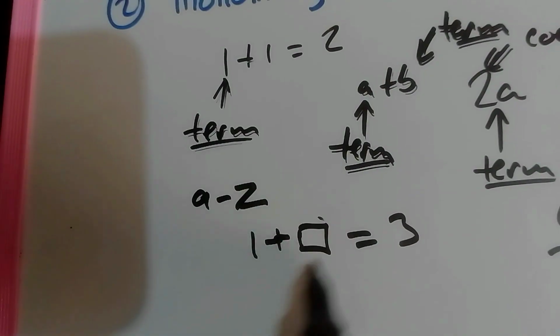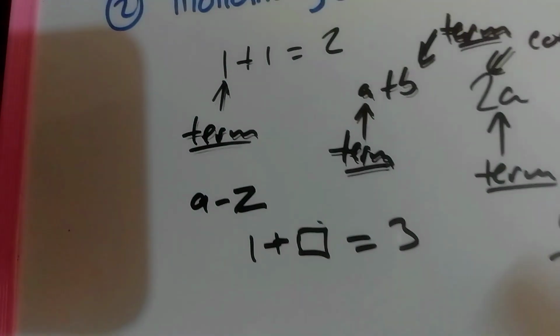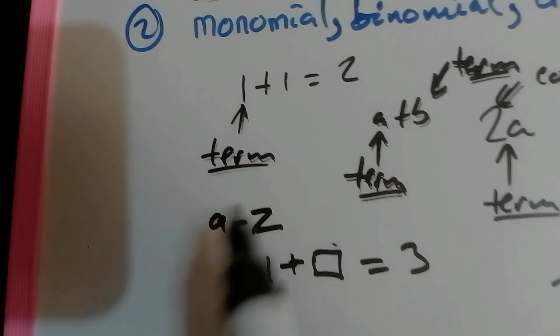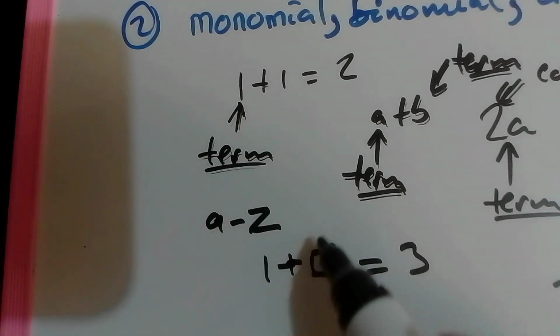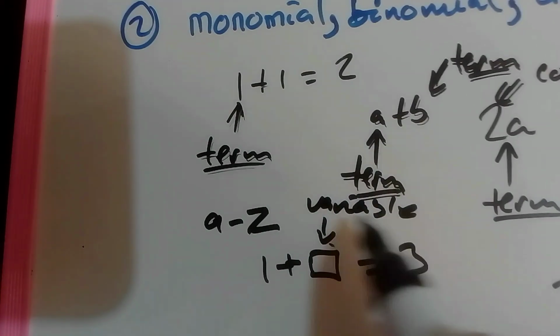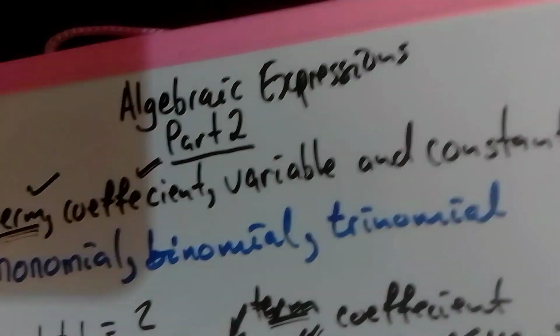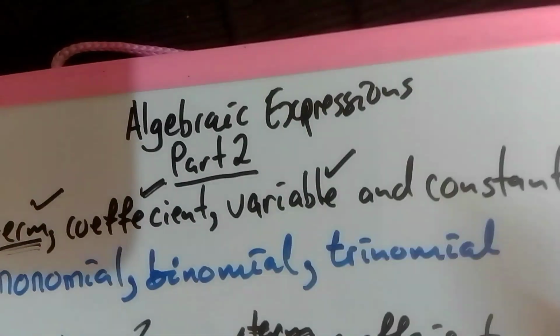Then this square would represent a number that you do not know. Now, because you are older, starting from last year in grade 7, that's when letters were introduced to you. This is what would have been a variable when you were doing grade 3, when you do not know the numerical value. All right, so now we know what is a variable.